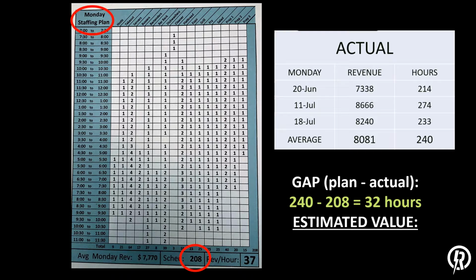And if we were to take an estimated value of what those 32 hours might add up to, maybe that's $440 per day. Which, again, is a big number but not a huge number, except there's 52 of these Mondays in a year. Oh my goodness, $23,000 a year if we were to run like this every Monday. And I can't even imagine if we ran like this at 274.